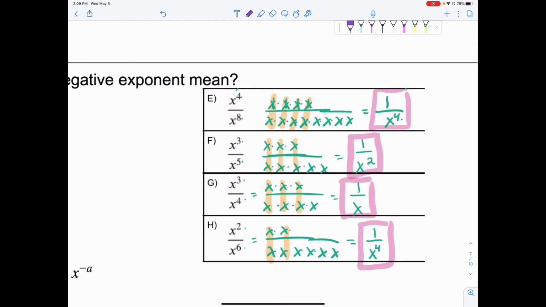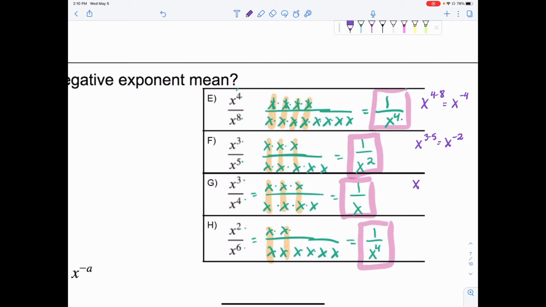So if I were going to just put x in the numerator, then when I subtract my exponents, I would have to do 4 minus 8, right? It would have to be the exponent of the numerator minus the exponent from the denominator. And when I simplify that, I would get x to the negative 4th. For f, if I were going to put x in the numerator, then I would need to do 3 minus 5, since 3 is the exponent in the numerator, and I would get x to the negative 2nd.